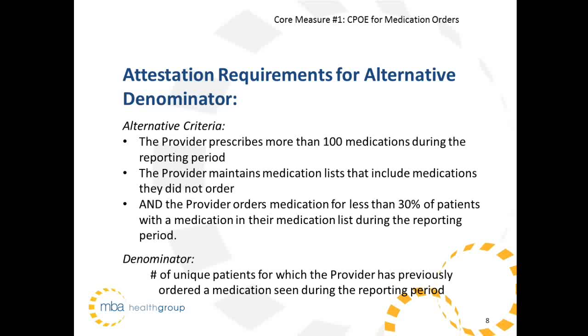This measure could present a unique situation in which a provider would be unable to successfully attest and could have the potential to utilize a modified denominator. Typically, this is true for specialty providers.